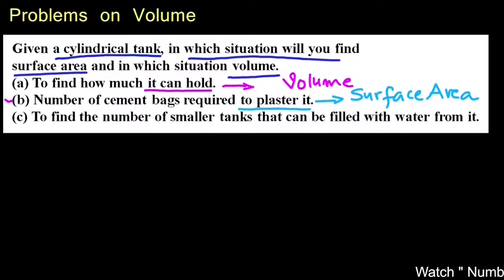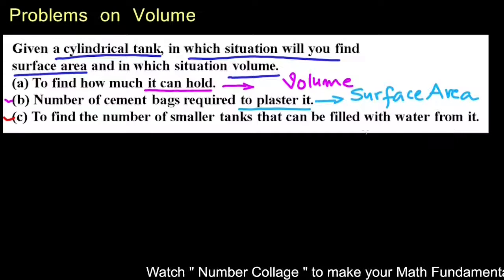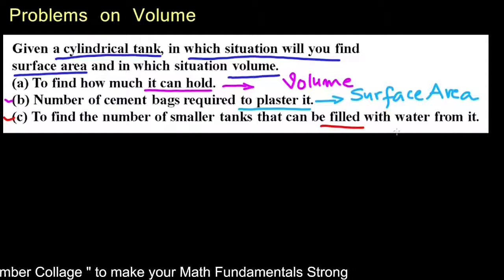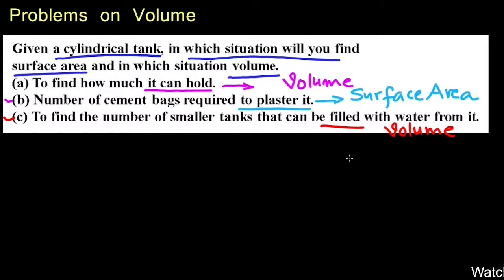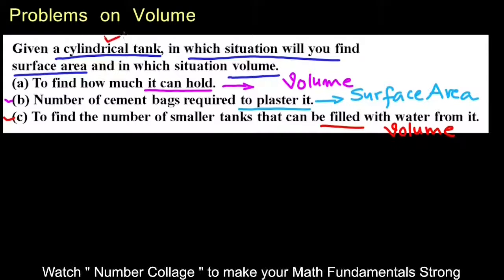Third question is to find the number of smaller tanks that can be filled with water from it. Now, the word "filled" suggests that in this case we have to find the volume of water, because we have seen volume is nothing but the space or region occupied by the solid, in this case the cylindrical tank.